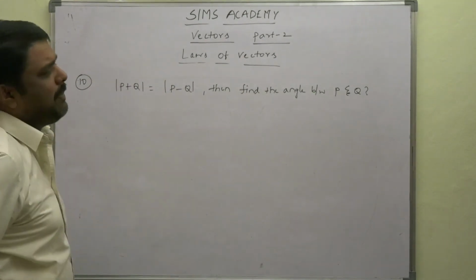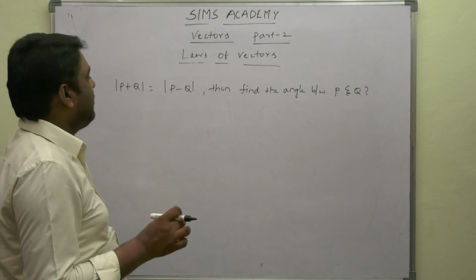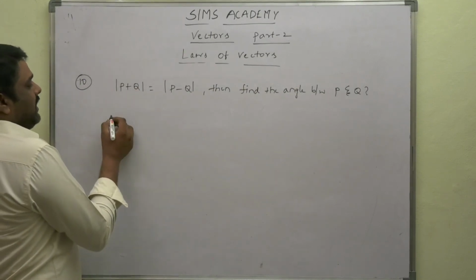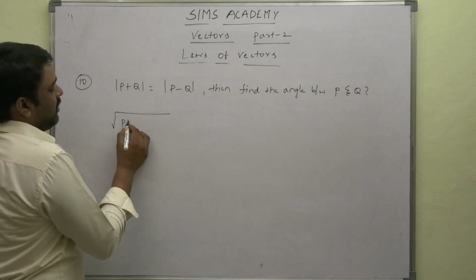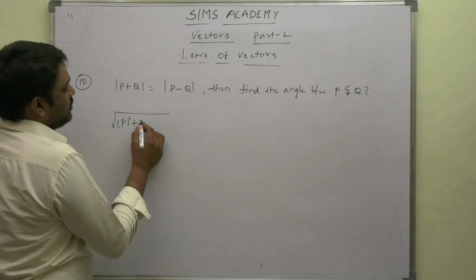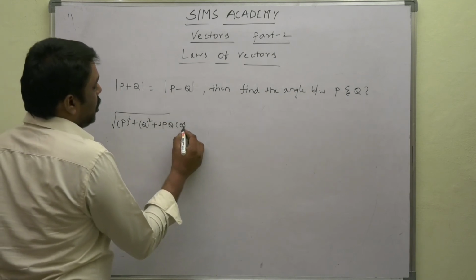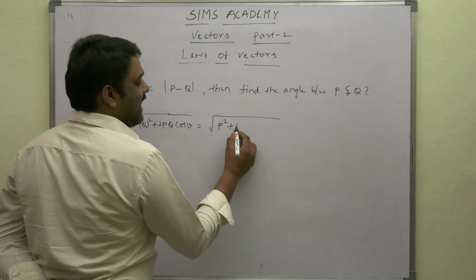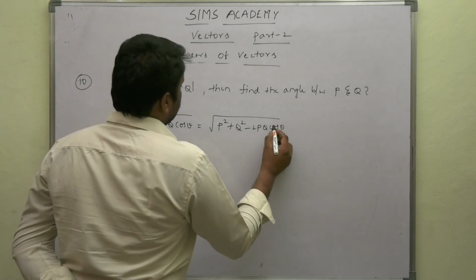Okay, now coming to the parallelogram law of vectors, if P and Q are separated by theta, then we get their resultant as under root of P square plus Q square plus 2PQ cos theta, and P minus Q is under root of P square plus Q square minus 2PQ cos theta.